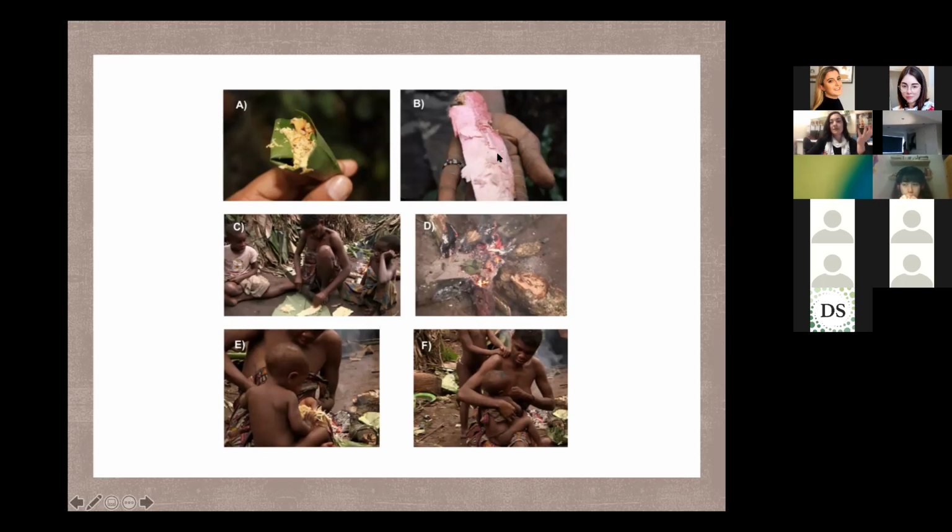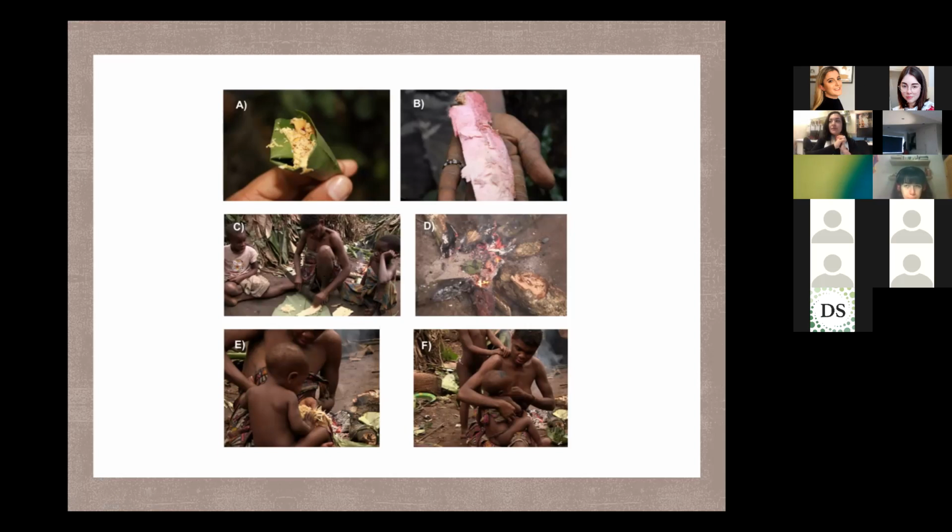For example, they often boil the bark of different trees and use it mostly for digestive system disorders. Here, a mother is preparing a treatment for her sick child. He has been suffering from some respiratory system disorder, and my informants told me that it works as Vicks. So there are so many different treatment methods.